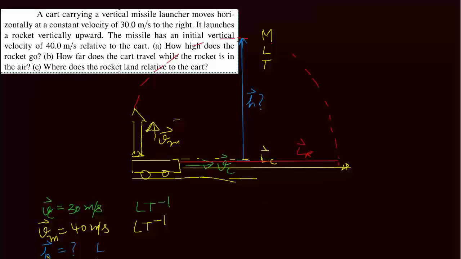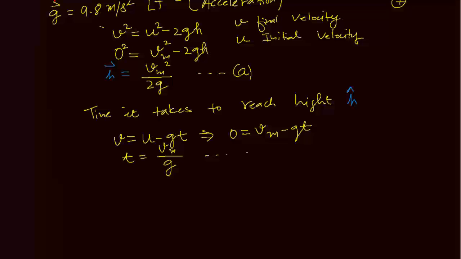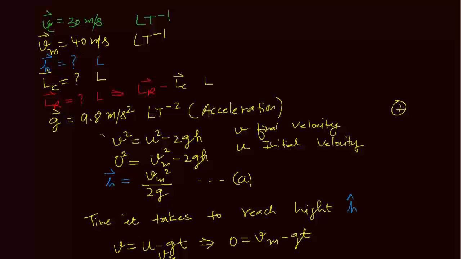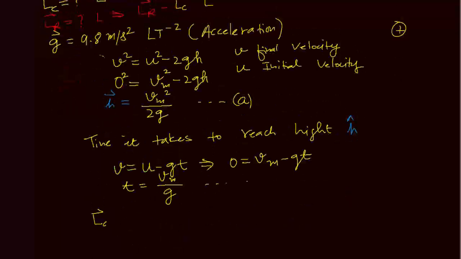Now let's look at LC. So LC will be the velocity of the cart multiplied with t, which is velocity of the cart multiplied with Vm divided by g.